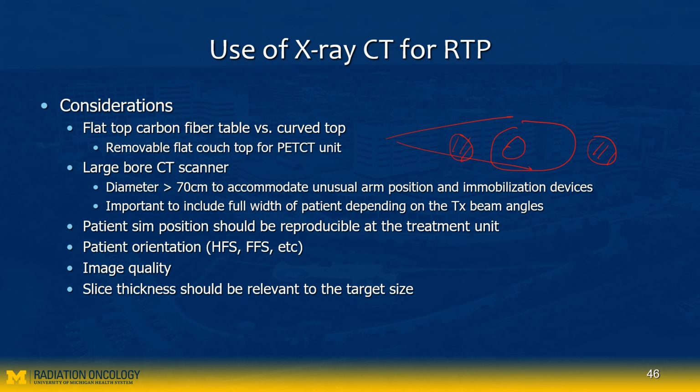Whereas in diagnostic CT scans, they can often reduce the field of view, and they don't care where the arm is because they only care about where the tumor or disease is. So our scanner is typically bigger than 70 cm bore size to do this.